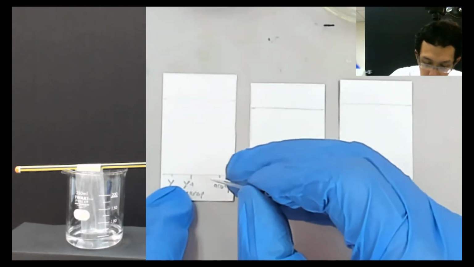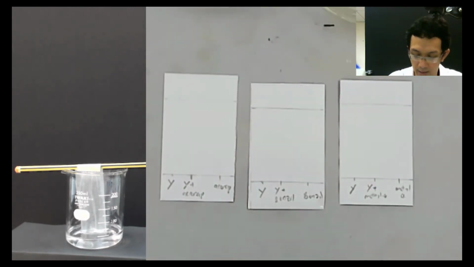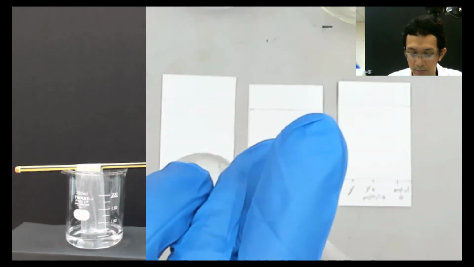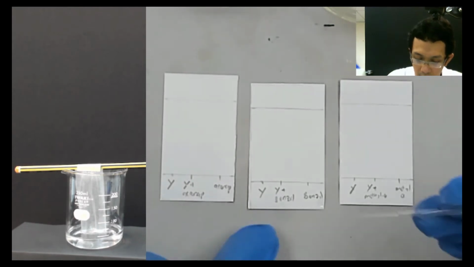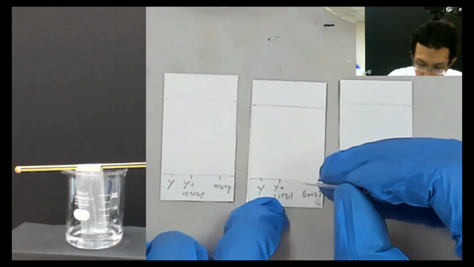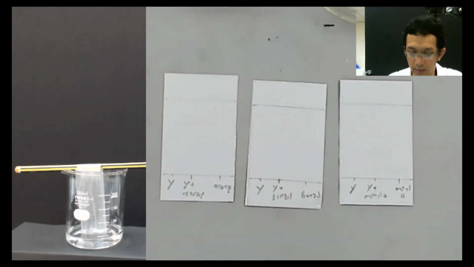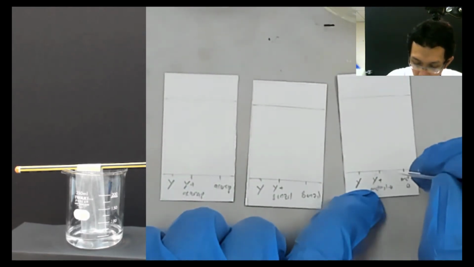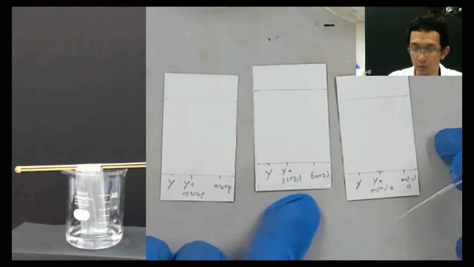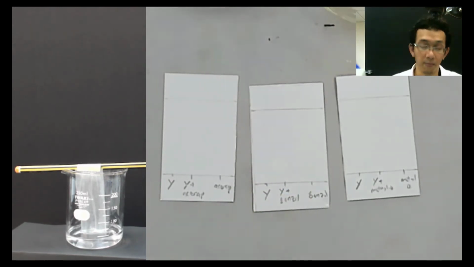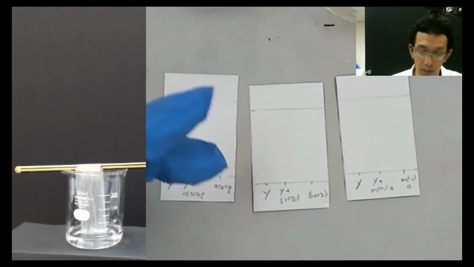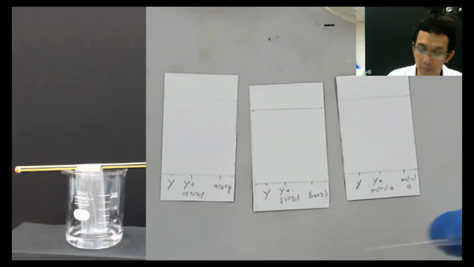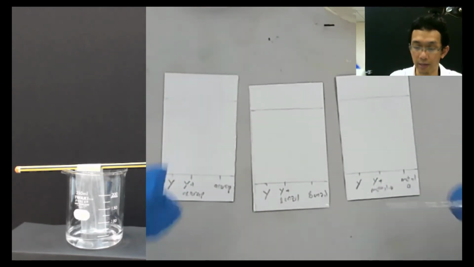Okay, and then here. And then lastly here. So now we have put all the Y on. We call it spotting. We have already spotted all the Y compounds on this TLC plate.